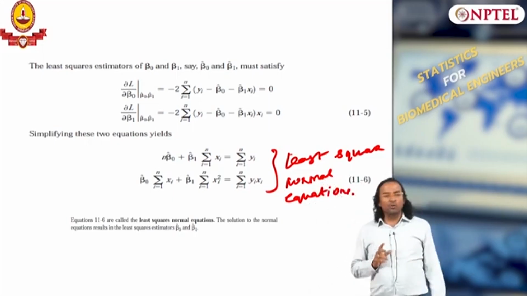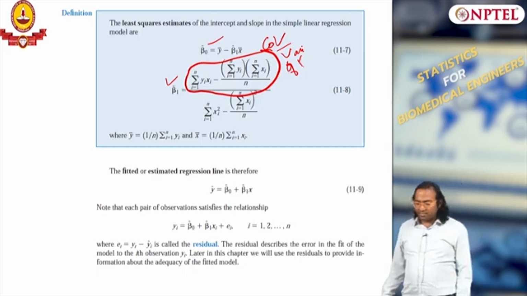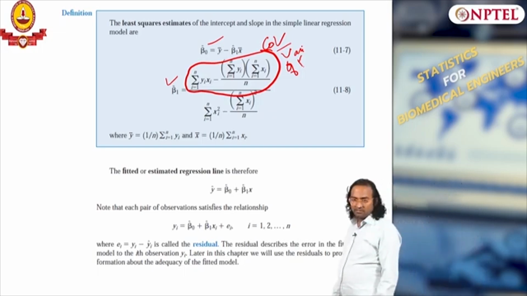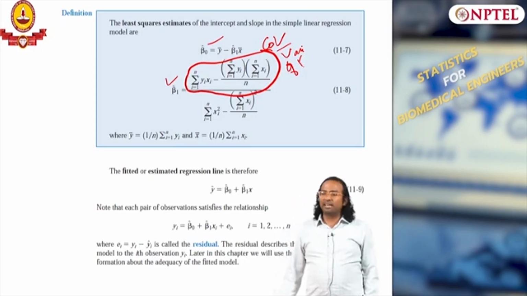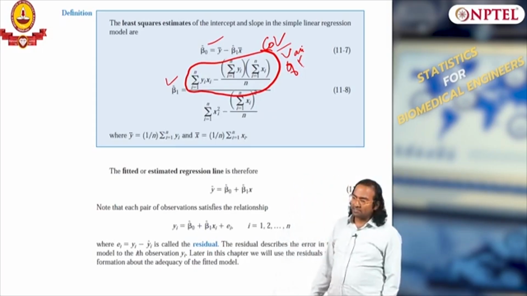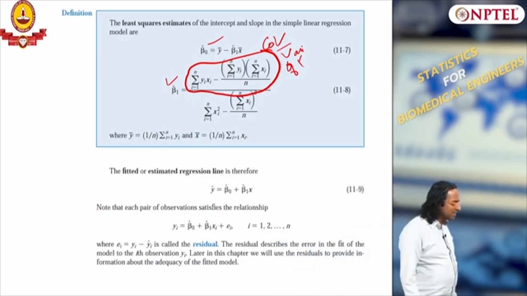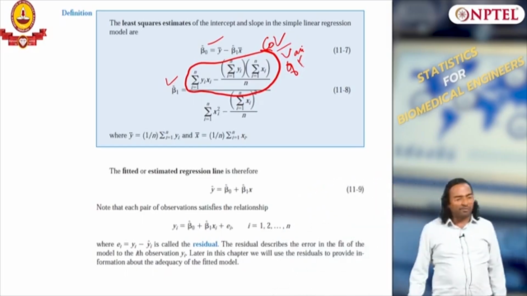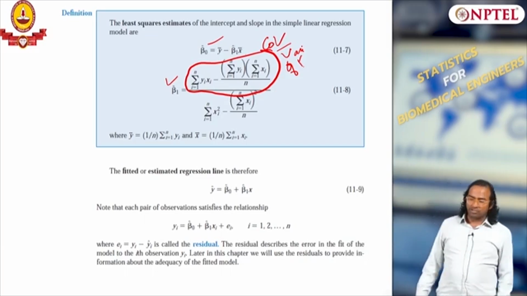By now you should have guessed that beta 1 should be a function of covariance or correlation, because beta 1 is the linear relation between y and x. Linear regression between 2 variables is given by correlation, or covariance normalized, which is correlation.